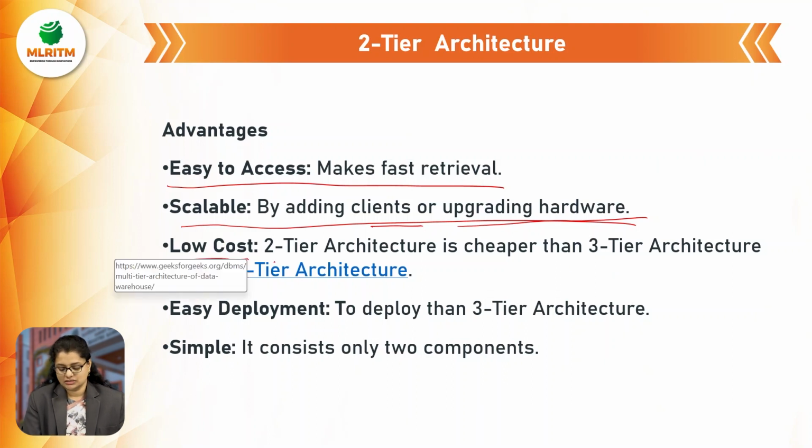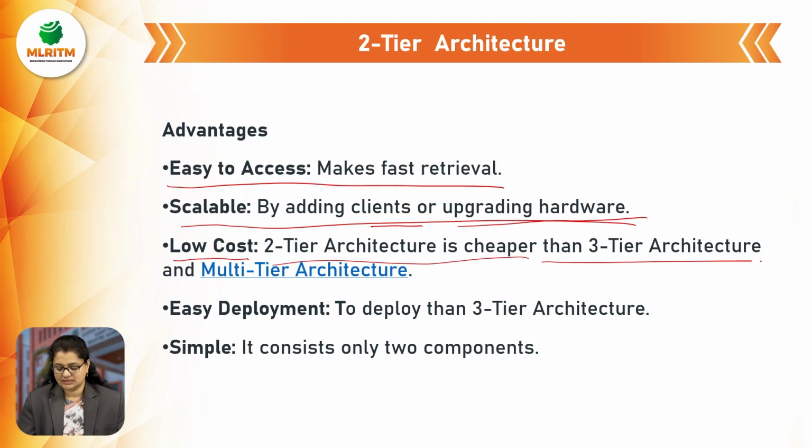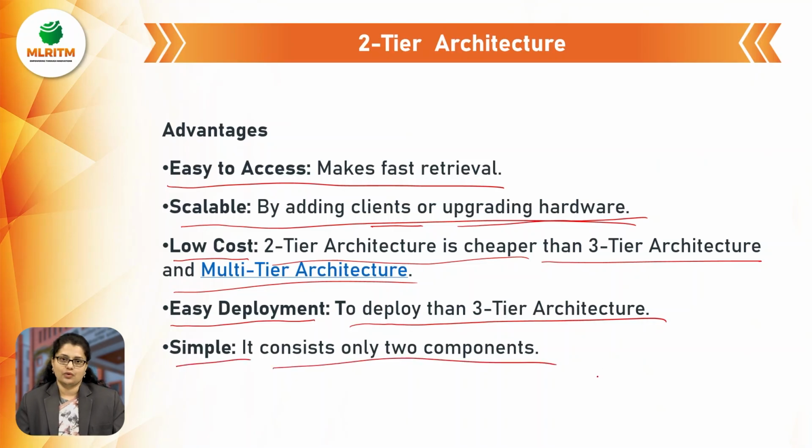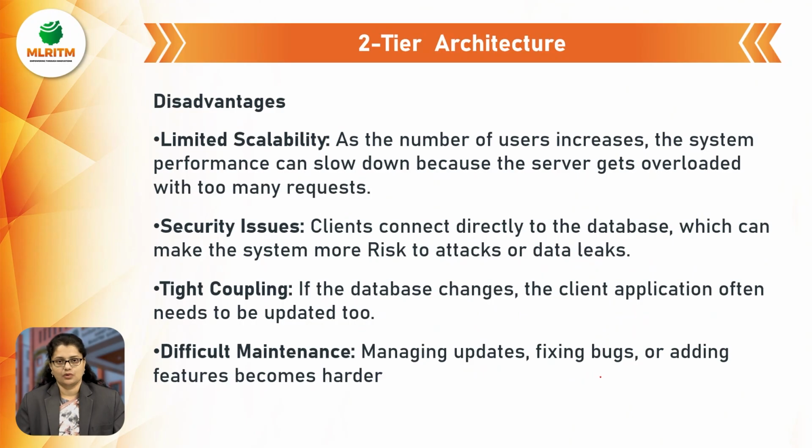Low cost: 2-tier architecture is cheaper than the 3-tier architecture and multi-tier architecture. Compared to the tier 1 architecture, it is a little bit expensive, but compared to the 3-tier architecture, it is low cost and easy to develop and deploy. And it is simple, as it consists of only 2 components.